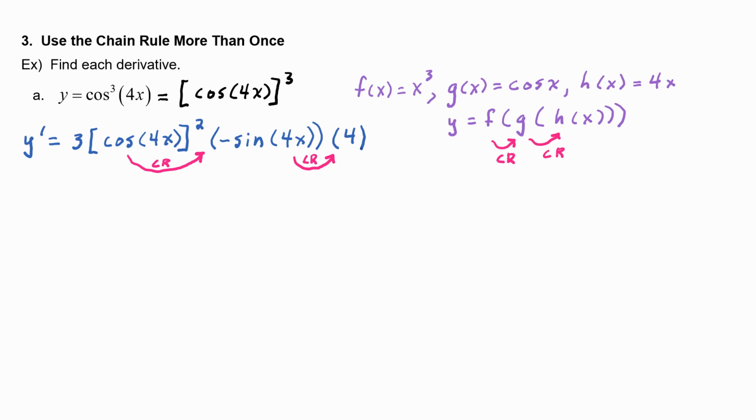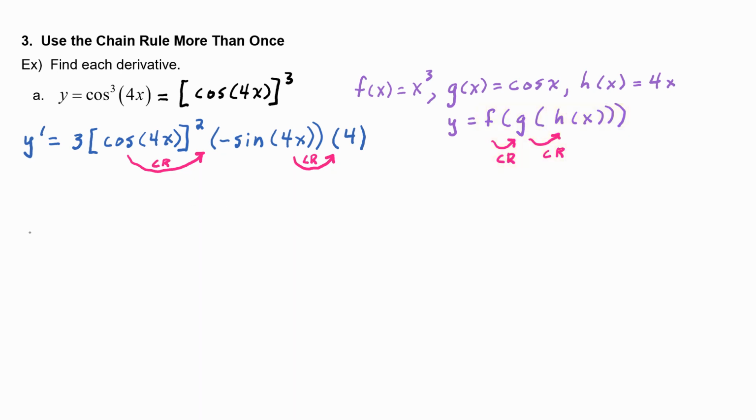So we had to apply the chain rule twice here because we had 3 levels in our composite function, f of g of x, which was the cube function to the cosine function to the multiply times 4 function. And when you go from one level to the next, you have to apply a chain rule. So when you have 3 layers in your composite function, you will be applying the chain rule twice.